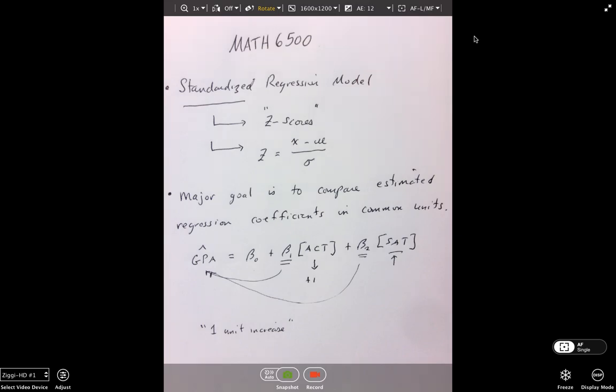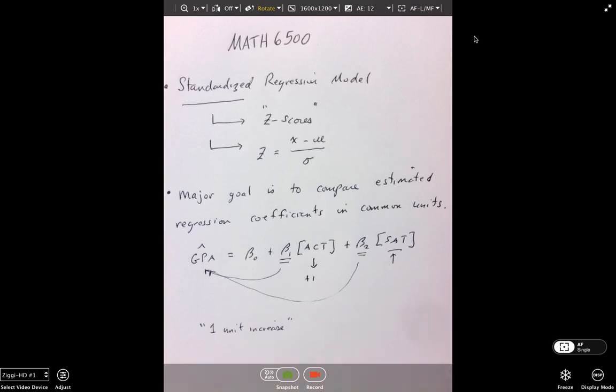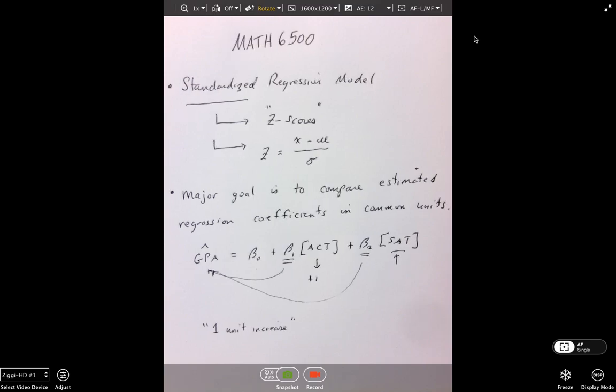Well, because these coefficients are in completely different units, it's sometimes beneficial for us to standardize the coefficients. So that's what we're going to take a look at. Plus, we're going to look at a lot more. I'm going to show you how to do quite a bit in this video that's going to be helpful on your homework assignments.